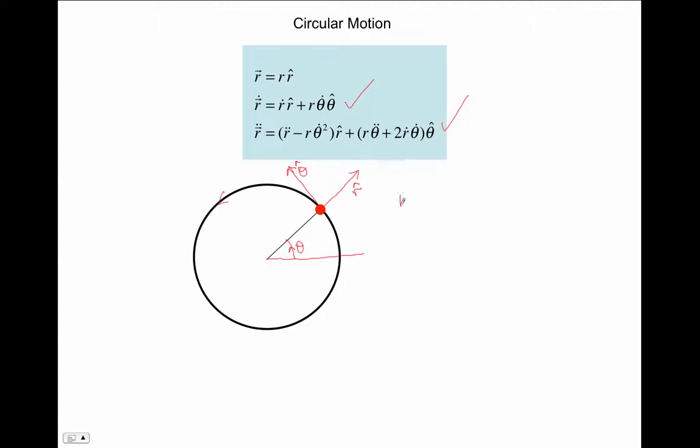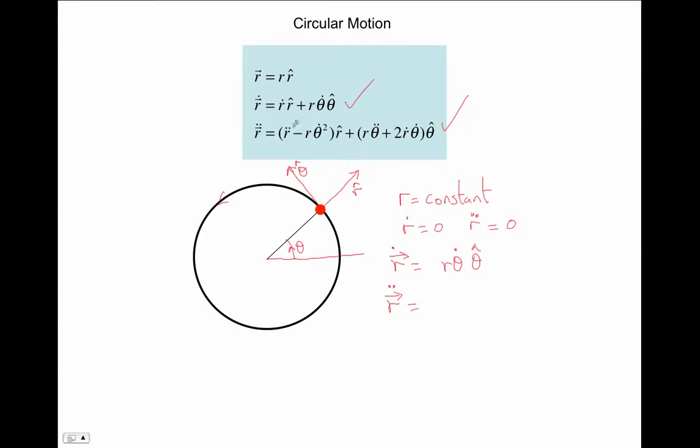Since this is moving in a circle, r is a constant, which means that r dot is 0 and r double dot is also 0. Hence, the velocity will be r theta dot times theta hat, which means that the velocity is tangential to the circle. What about the acceleration? r double dot will be 0, of course.